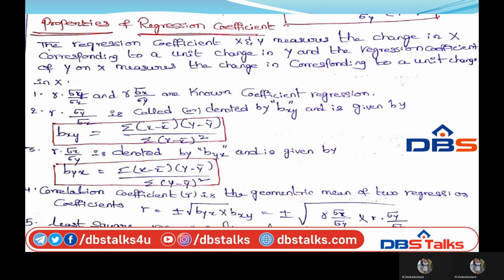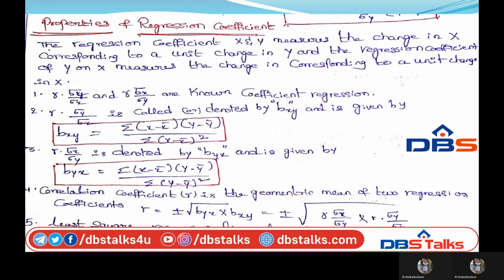What is the geometric mean of the two regression coefficients available here? It is r equals plus or minus the square root of b of yx into b of xy. At the same time, the least squares regression line passes through x dash and y dash. Both regression coefficients will have the same sign.